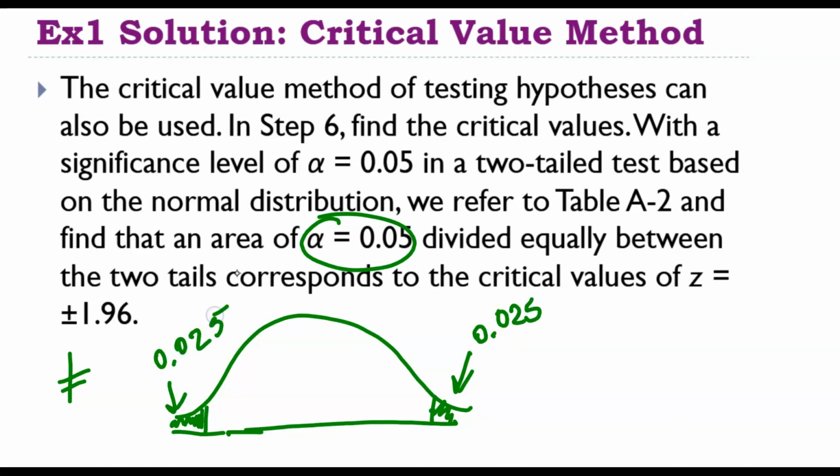We can use the A2 table or the graphing calculator to find the z-score that separates the critical region from the non-critical region. The critical values, the z-score that corresponds to 0.025 to the right, is 1.96, and on the other side, negative 1.96.